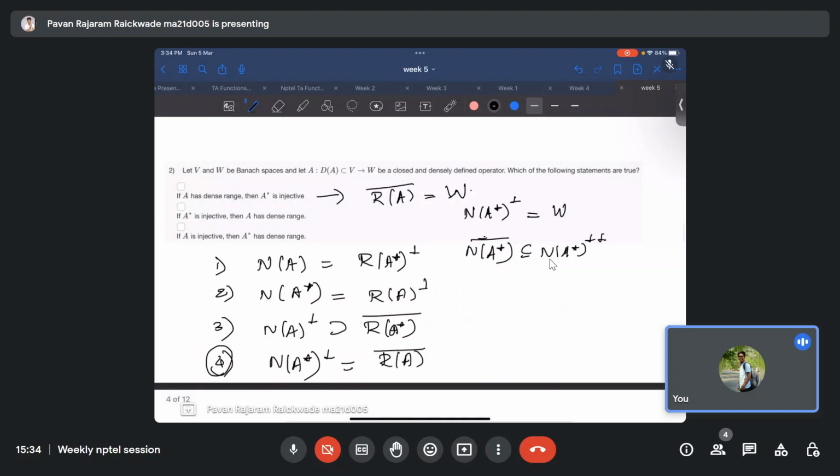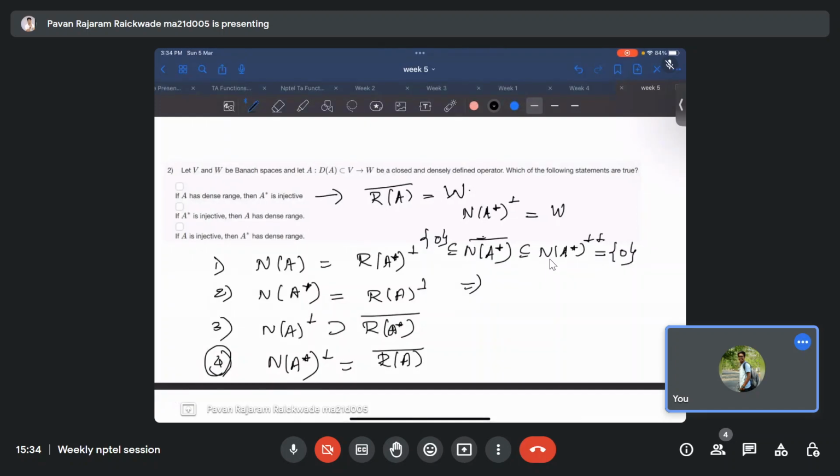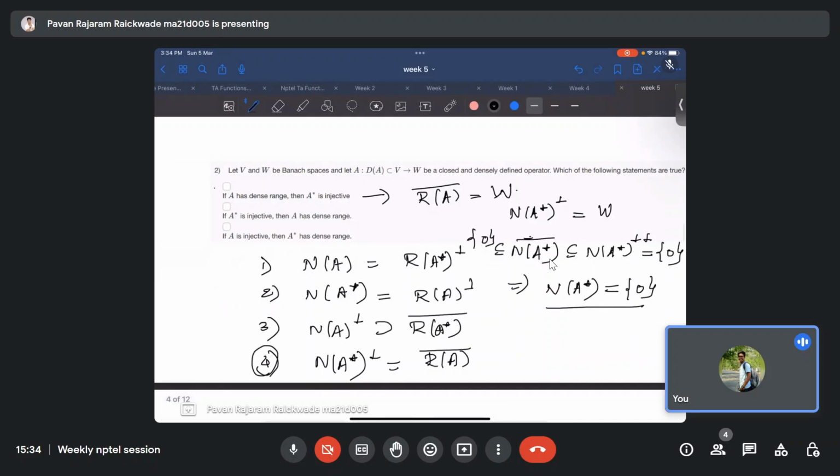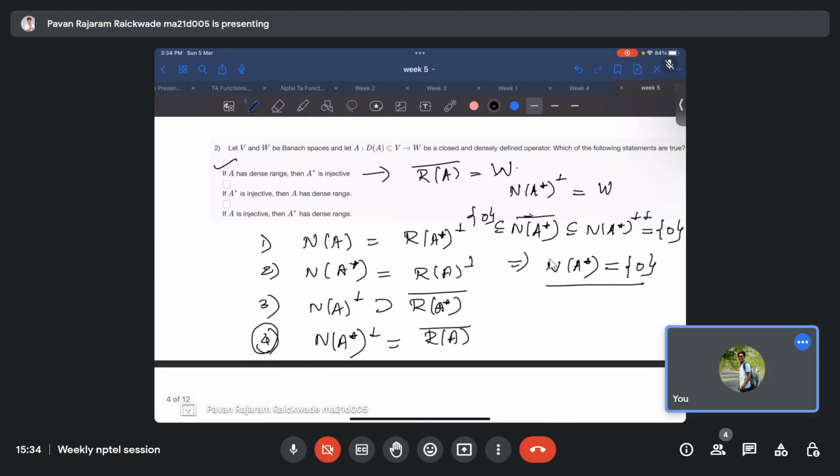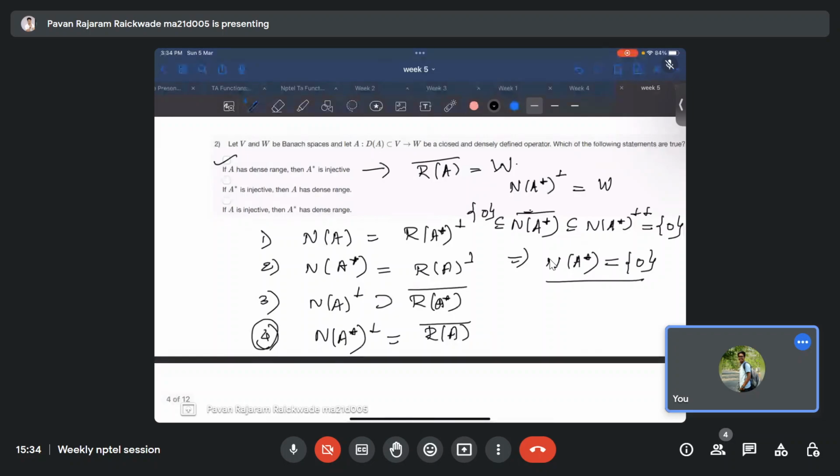But this is singleton zero only, and this contains singleton zero. So no issues. And null space of A star is a closed set, so null space of A star will be singleton zero. That proves that A star is injective. Just simple manipulations of closedness.